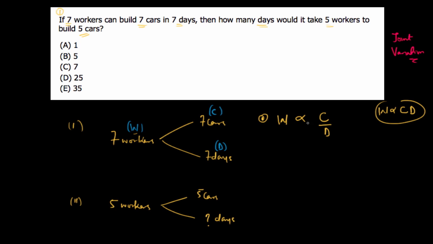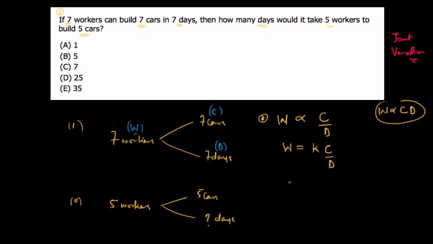The next step is, I can't solve this because this is a proportionality sign, so I need to change it to an equality sign. Anytime you change the proportionality sign to an equality sign, you always attach the constant of proportionality. So this is W equals KC all over D. From the first statement I can find K: when W is 7, C is 7 and D is 7.